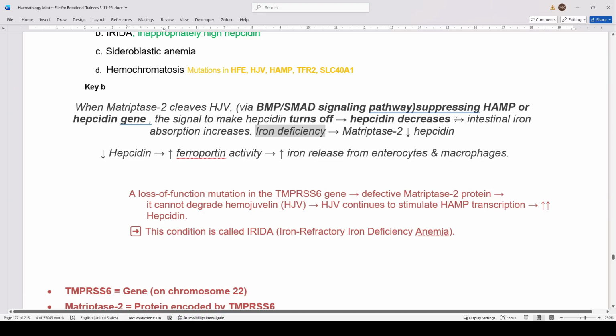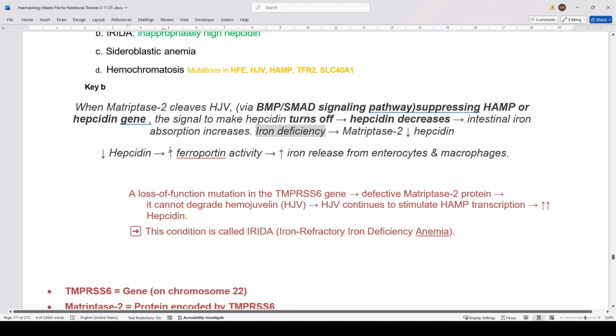When hepcidin decreases, there will be more absorption of iron from the enterocytes. This occurs in iron deficiency anemia: matriptase 2 is increased, released from the liver, and by this pathway it switches off or reduces the production of hepcidin.